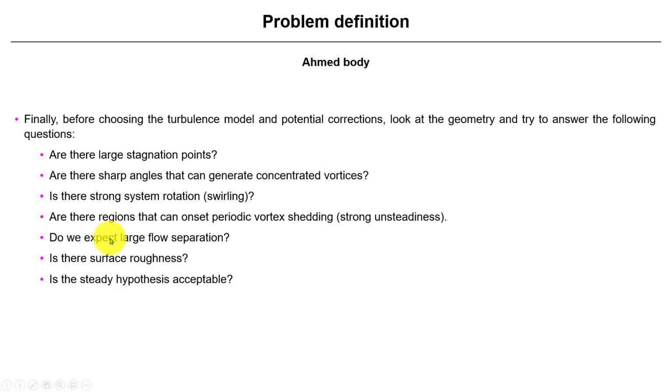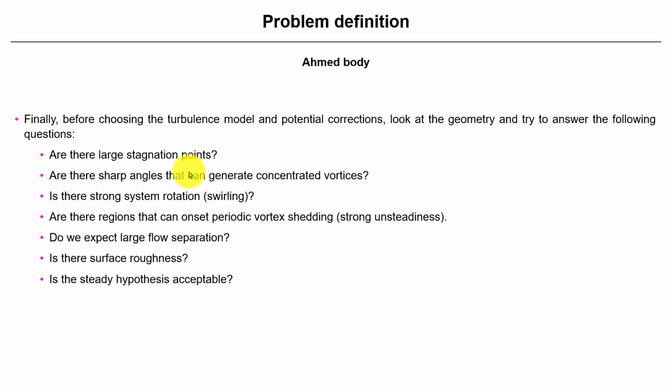Okay, do you expect large flow separation? By looking at the geometry, you can also get an idea. Okay, is there surface roughness? Now we talk about the surface. And finally, is the steady hypothesis acceptable for you? Okay, so just try to answer these questions and you will get an idea how to choose your turbulence models, corrections, and set up your case.